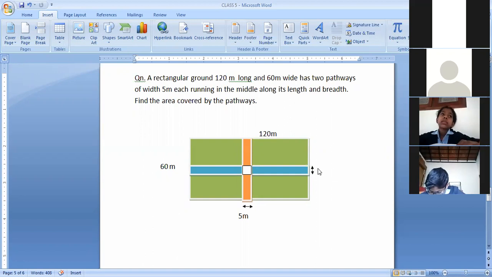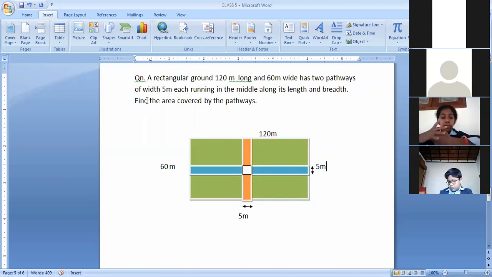Then, as we know from the question, one pathway is running lengthwise, along the length, and the other pathway is running along its breadth, breadthwise.